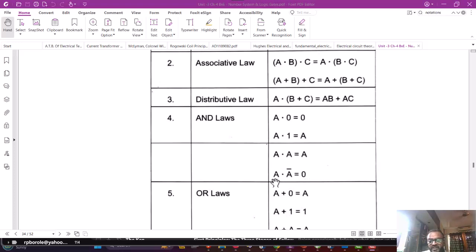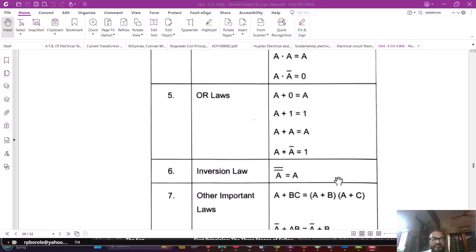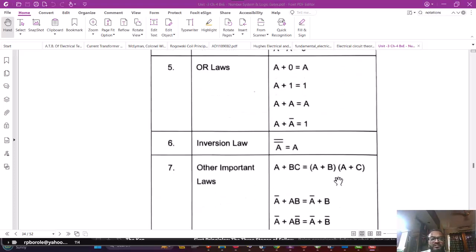Simple example: when A is 1, A bar is equal to 0, so 1 and 0 is 0. The OR operation laws are listed here: A or 0 is A, A or 1 is 1, A or A is A, and A or A bar is 1.